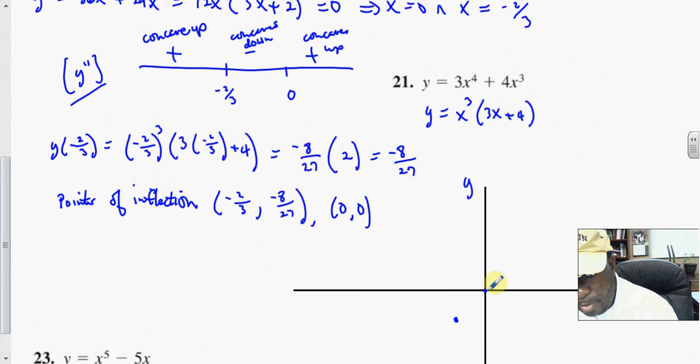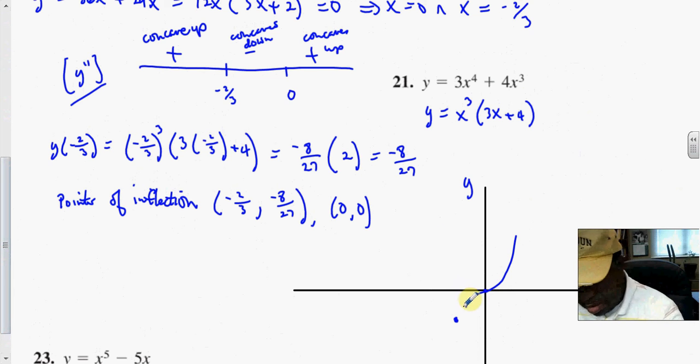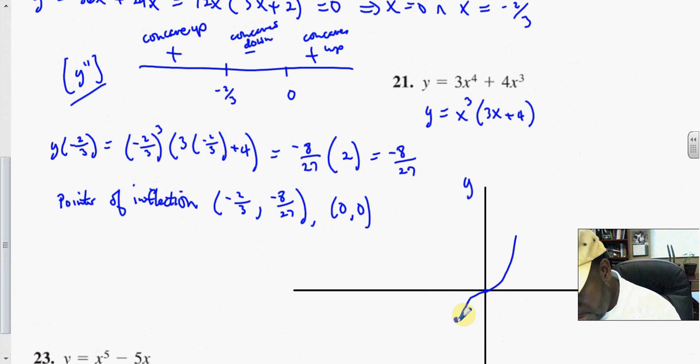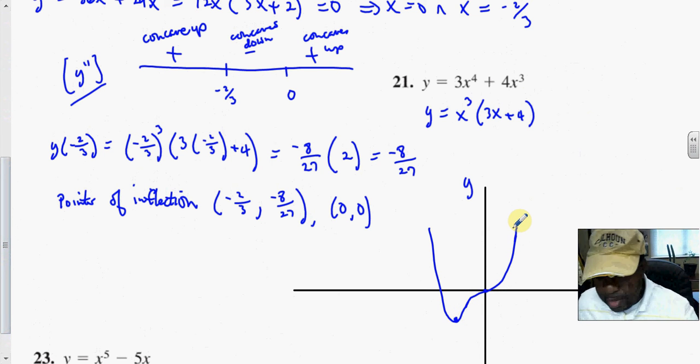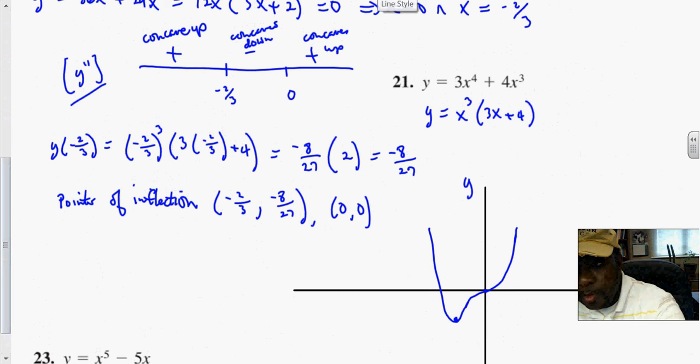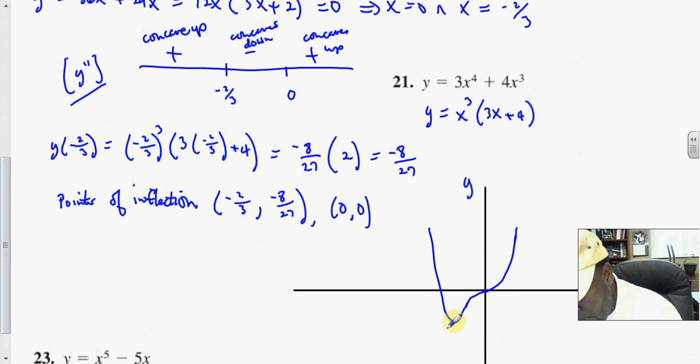Then it concaves upward from 0. So it's going to do this. Let's see if we got it. So at this point here, we have the minimum.